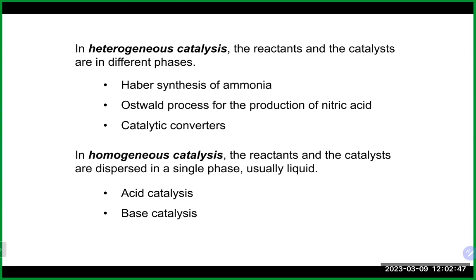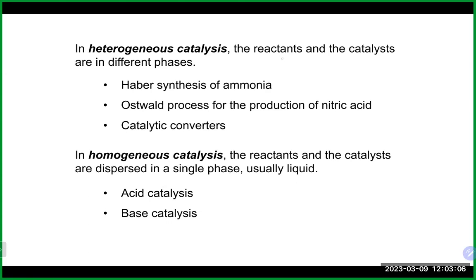Now catalysts can be heterogeneous catalysts, and heterogeneous, just like heterogeneous mixture, means you see different layers. So with a heterogeneous catalyst, that means that the reactants and the catalyst are in different phases. So maybe they're gases and the catalyst is a solid, and that would be a heterogeneous catalyst.